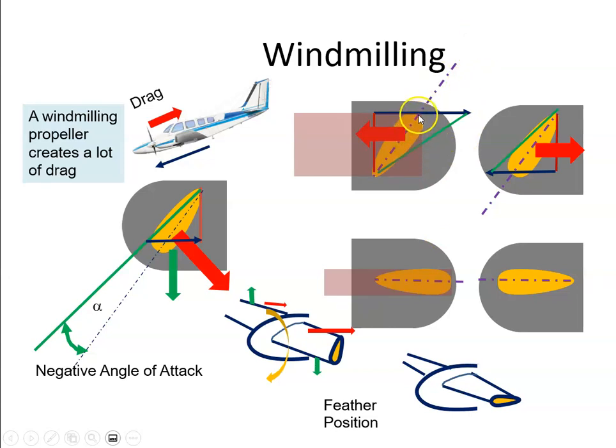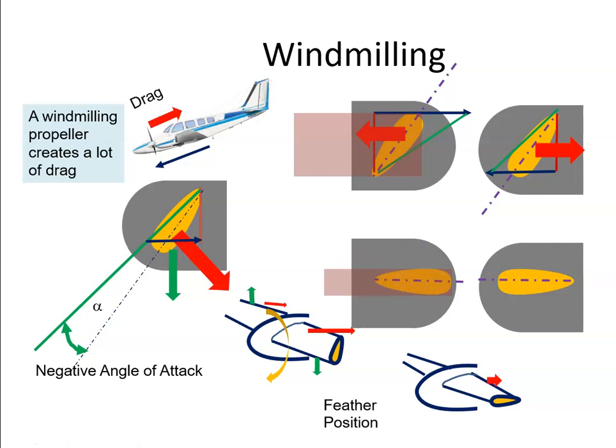So in this instance, this is the frontal area, which is reasonably large, but when we feather the propeller, the frontal area is reduced. So we reduce the profile drag. So by feathering the propeller, we reduce the drag due to the windmilling propeller, and we've reduced the profile drag as well. So all of this is good.